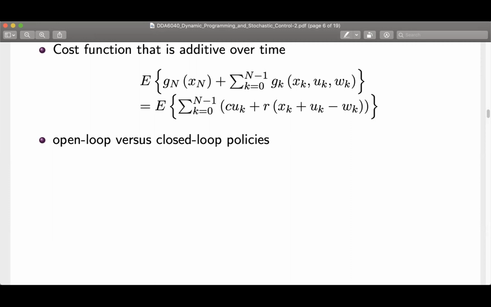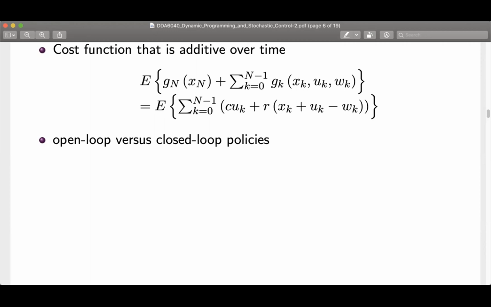So there is no difference between making decisions at once at the beginning, or postponing all your decisions till the last possible moment. There's no difference because you have a predictable trajectory of the dynamic system as long as the initial state is given. But in the stochastic case, you can gather more information when you postpone your decision, and you can take advantage of the information that becomes available.